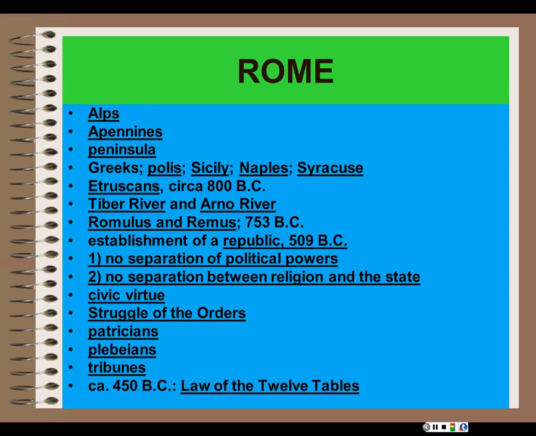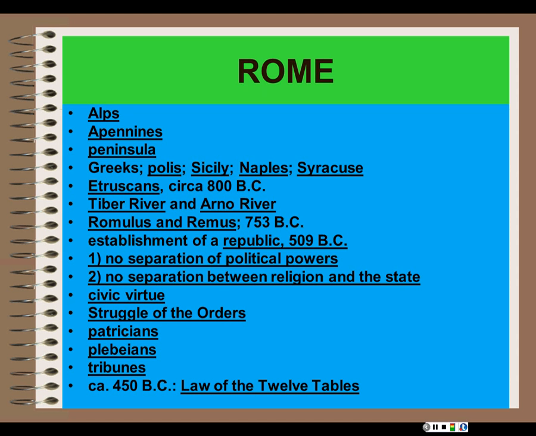Perhaps the Etruscans were a mixture of peoples, including a small group of leaders that migrated to Italy from the east and then maybe mixed with the native peoples of the Italian peninsula. Whatever, they settled between the Tiber and the Arno rivers, where they founded cities. And from that point in time, they spread north and south.